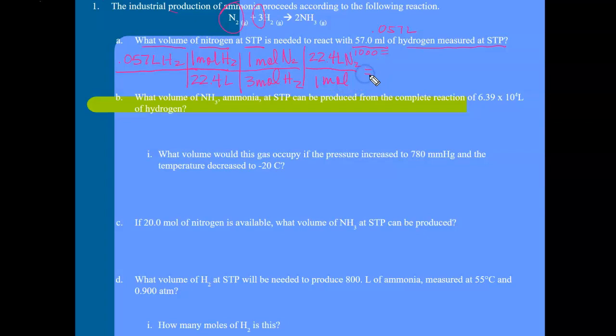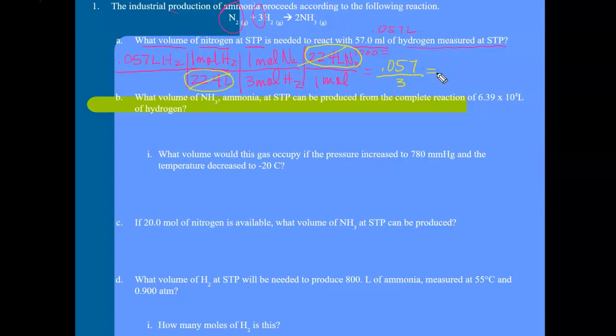Now, some of you might already be going, okay, 22.4 in the denominator is going to cancel 22.4 in the numerator, so we are not going to need that at all. In fact, all we really have to do is have our 0.057 liters, multiplied by 1, which I'm not going to show, and divided by 3.